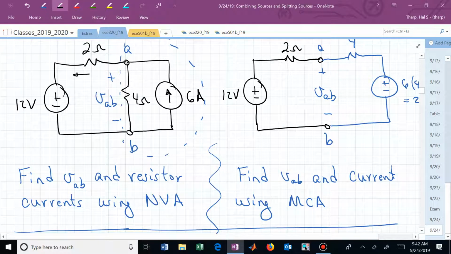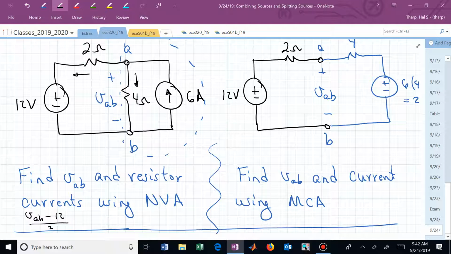We're just summing currents, or algebraically summing currents, out of node A. What's the current going to the left out of node A in terms of V sub AB and the other variables in the circuit? That's the current going to the left out of node A: V sub AB minus 12, that's the voltage dropped in that direction, divided by 2.